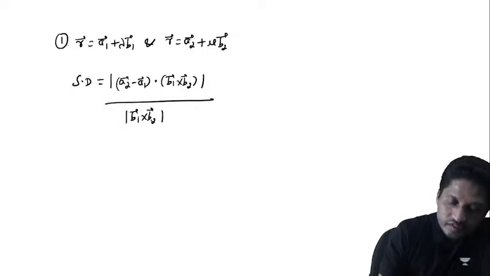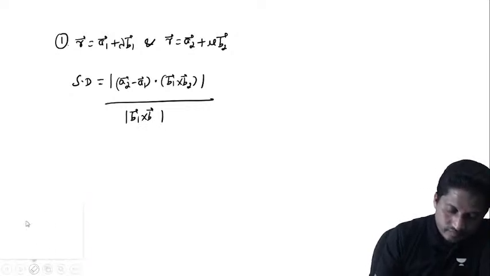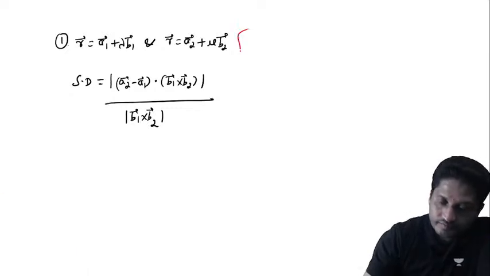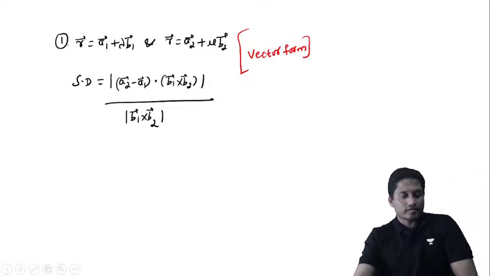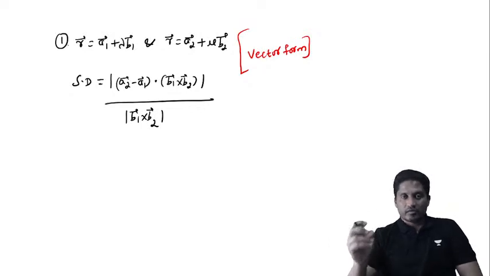This is the shortest distance between two skew lines, in vector form. Anyways, we want the option only, so you use vector form or Cartesian form, anything. This is the shortest distance between the two lines.